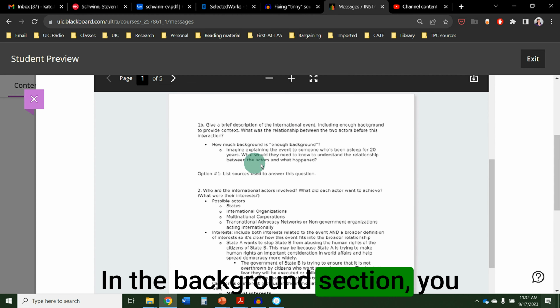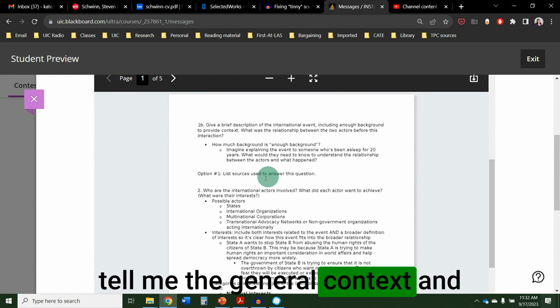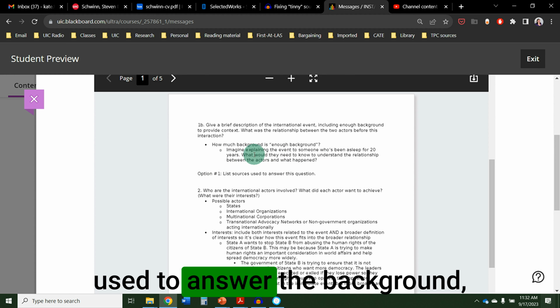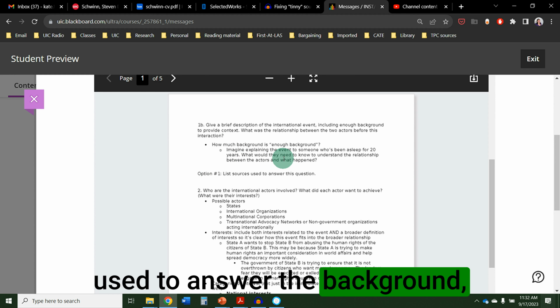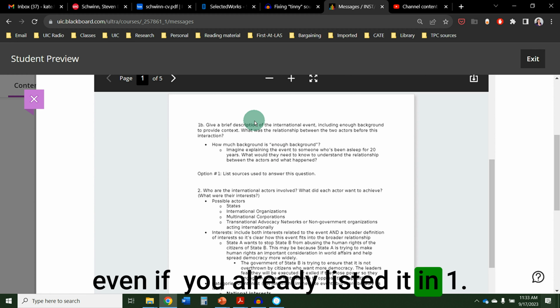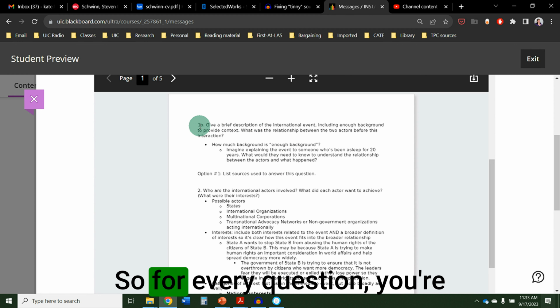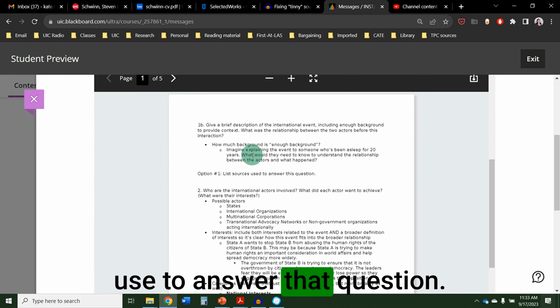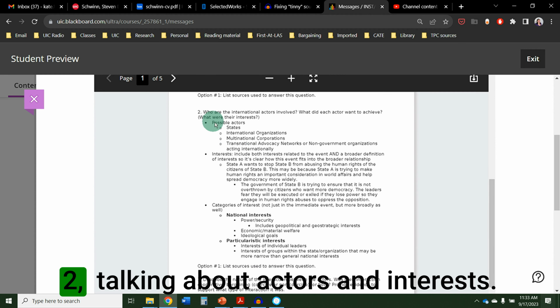In the background section, you tell me the general context, and then you list the sources you used to answer the background, even if you already listed it in one. So for every question, you're going to list the sources you use to answer that question. All right, two, talking about actors and interests.